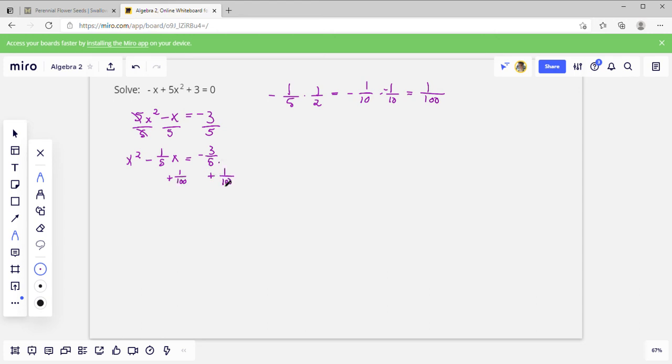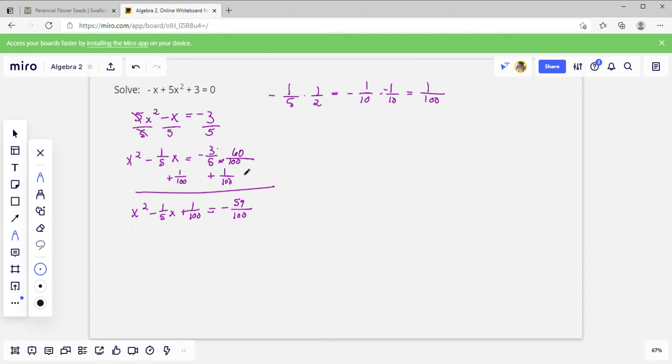I have to multiply that times 20, so 20 times 3 is 60 over 100. And I'm going to get x squared minus 1/5 x plus 1 over 100 equals, and that's negative and that's positive, so that'll be negative 59 over 100.